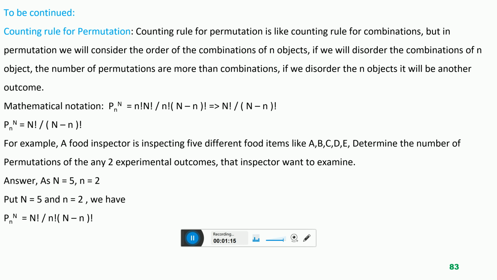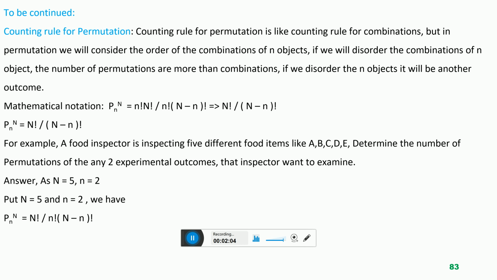The only difference between permutation and combination is this: if we change the order of the group of items, it will be considered another experimental outcome, and that is why in permutation the number of experimental outcomes will increase.